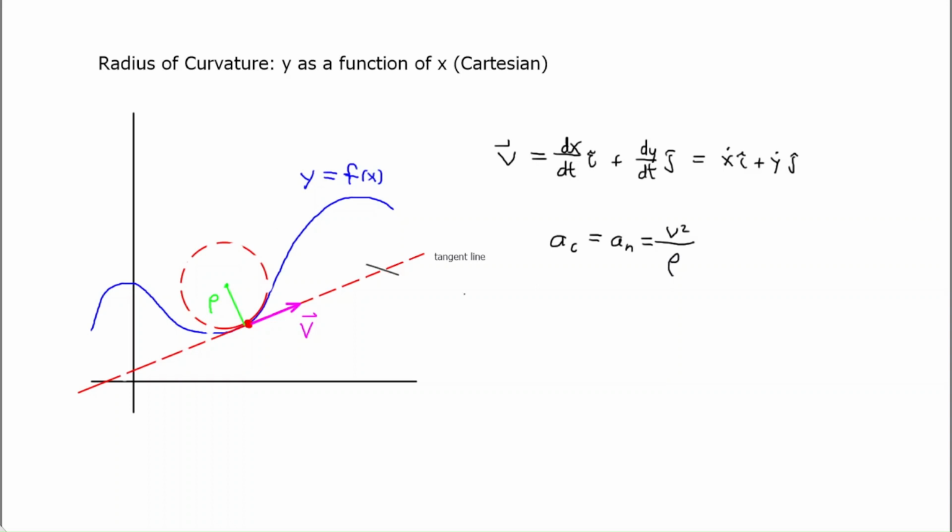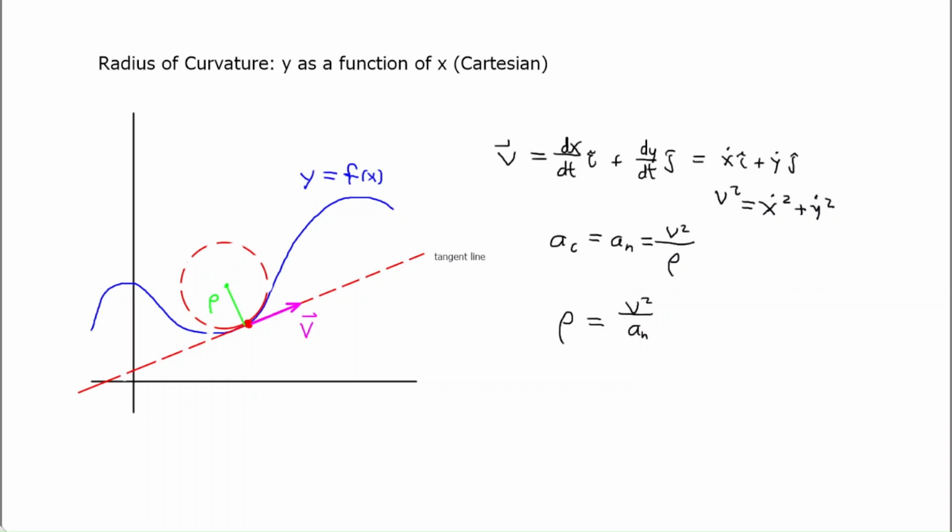What we're going to do is work this backwards and solve this formula for rho as v squared over this normal acceleration, the so-called centripetal acceleration. Now we have v up top there, so in terms of v squared, that's just the Pythagorean theorem applied to that vector equation. We'll definitely get back to that.